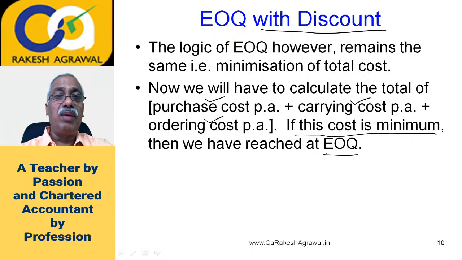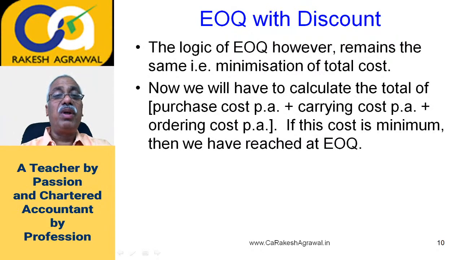Because the moment discount is there, purchase price becomes relevant for decision making. Earlier the purchase cost was not relevant for decision making because the purchase price was the same throughout the year. So our total annual cost of purchase was also the same throughout the year, and therefore we had ignored the purchase cost in Wilson's formula, right? Now we have to take the total of three costs and see whether it is minimum.